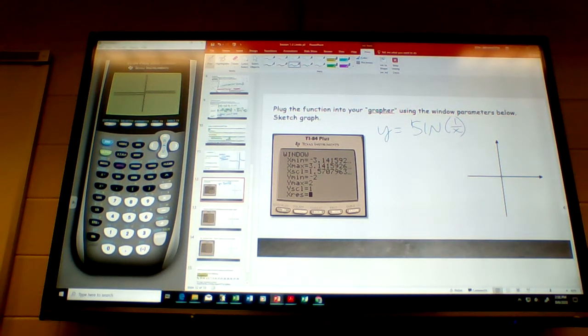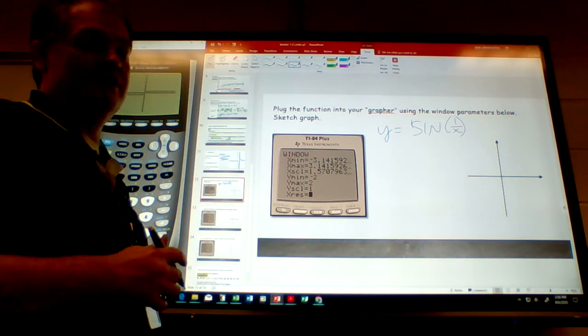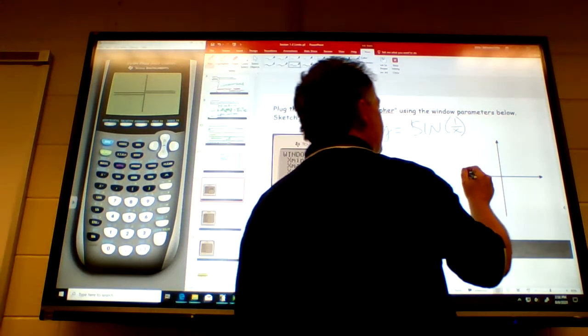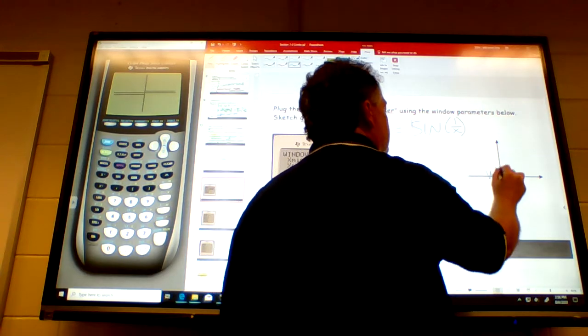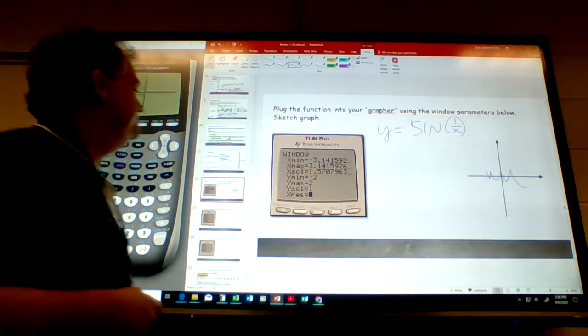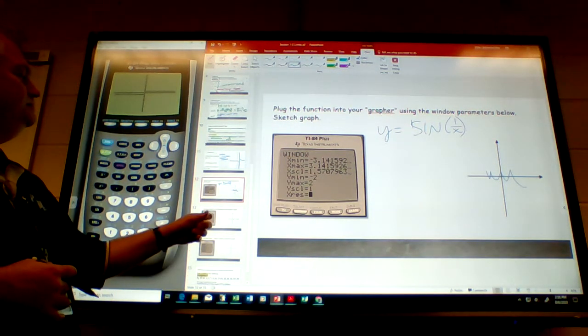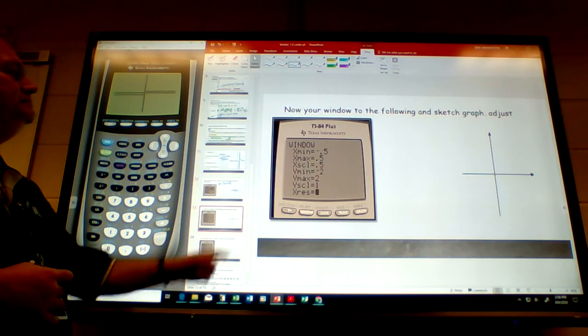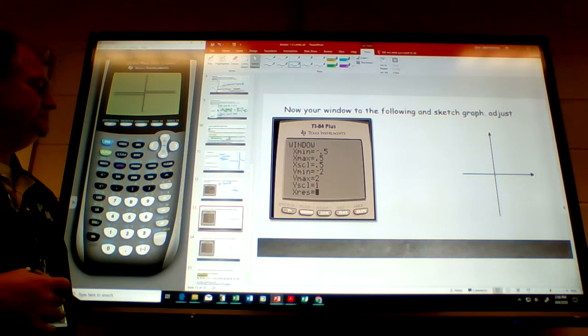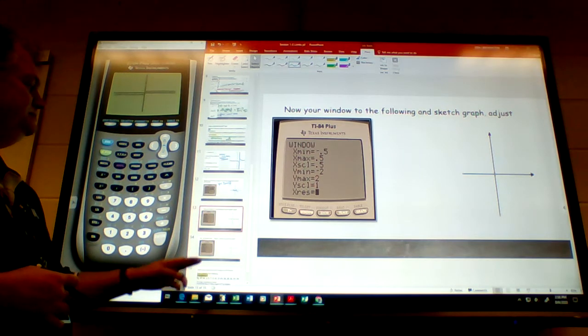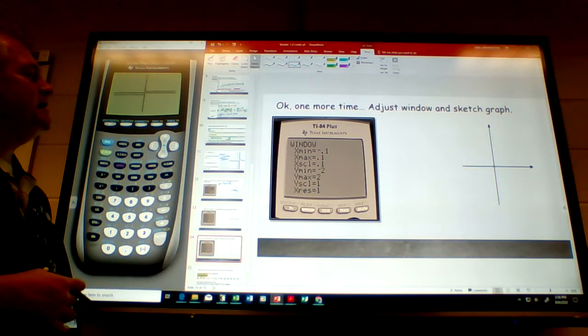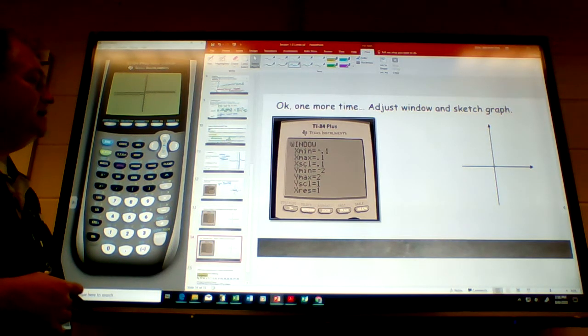Just type in that, and you're going to notice it does something real funky. It just kind of oscillates. And then keep the function, type in these numbers. You'll see the same thing. And type in those numbers again, and you'll see the same thing.